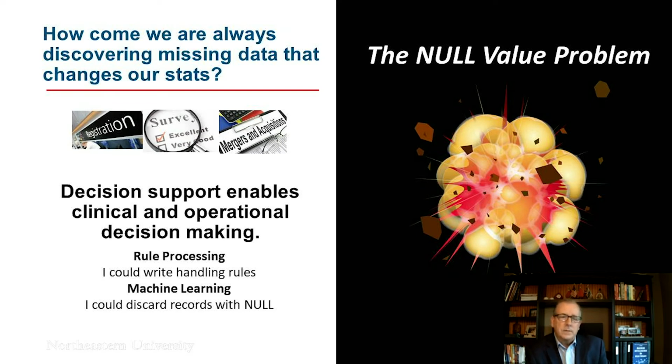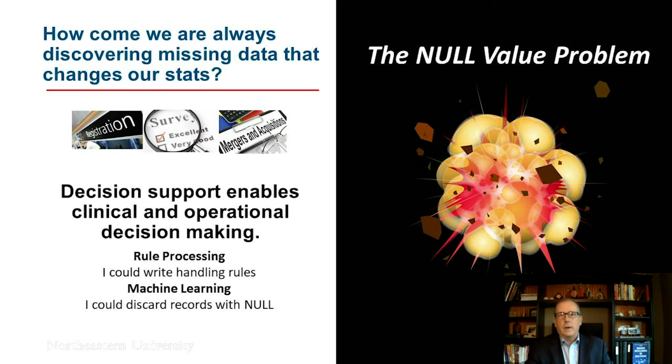Now my problem is that those rules were built by smart experts who were looking at data and, when available, were able to simply say, if this and this, then that's what I need to tell you, and potentially recommend that you do. Well, the issue there is now, of course, some of that data is missing when I go into production. What do I have to do to accommodate that?